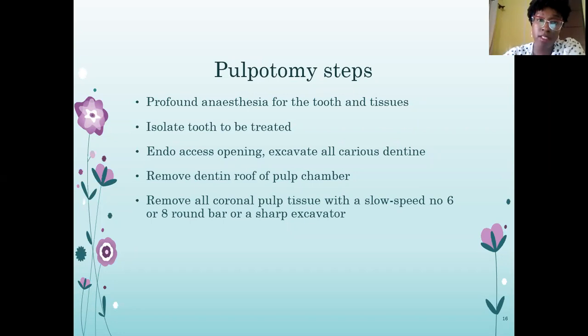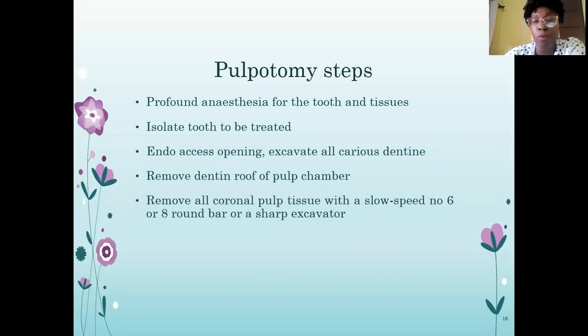excavate the carious dentine. Once you remove the dentine roof of the coronal pulp chamber with your high-speed round bur, or a fissure bur but mostly a round bur, you start to remove your coronal pulp tissue with a slow speed.